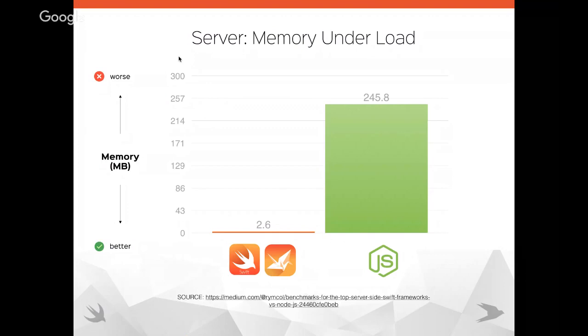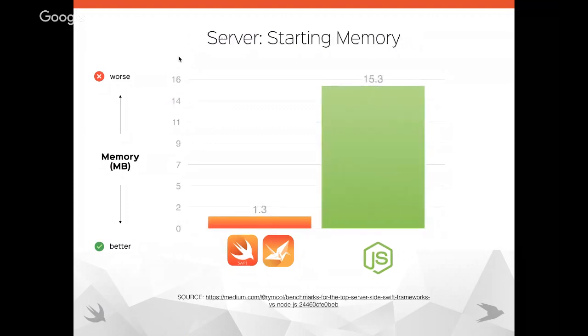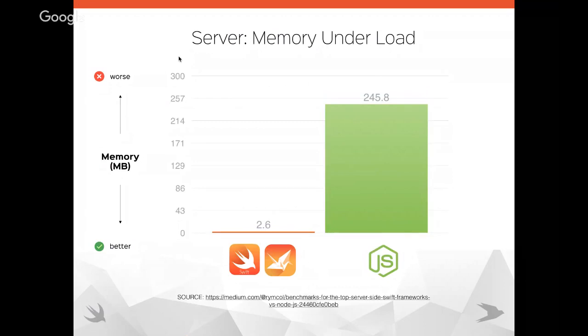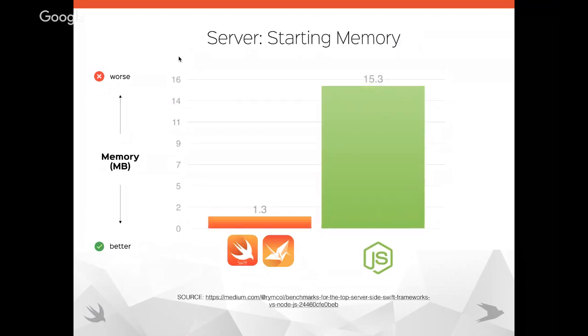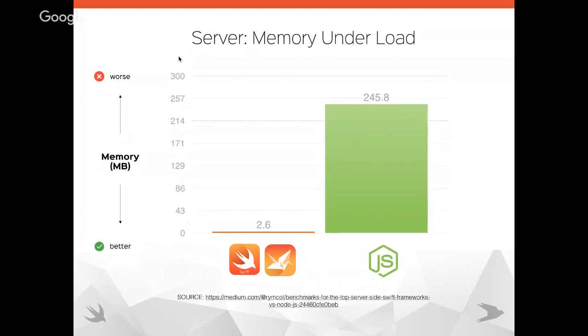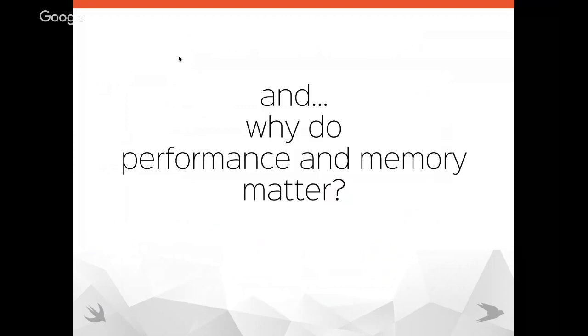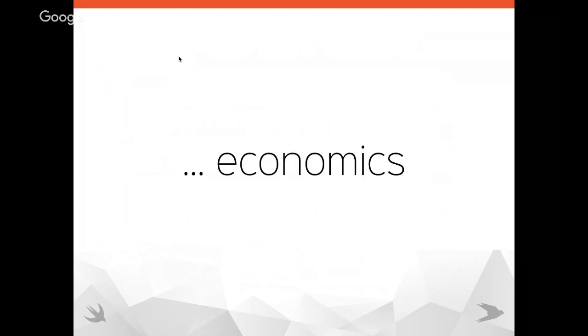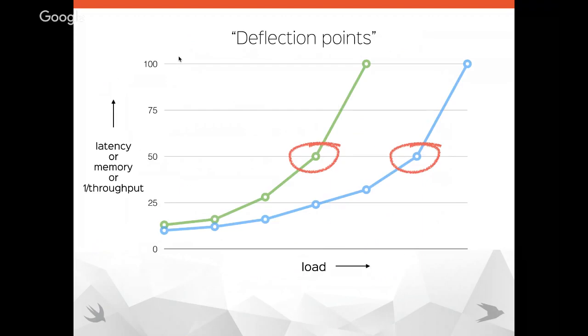Nobody likes to see something go from 15 to 245. I'd much rather see going from 1.3 to 2.6 under the same load. And the reality is that has some significant impact upon memory resource usage. So it's an economics issue. It really is an economics issue.